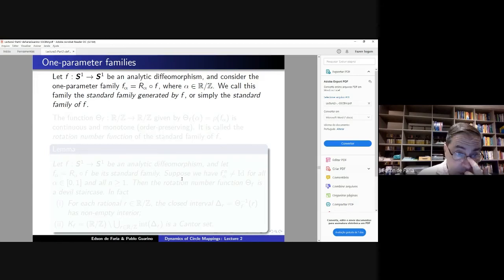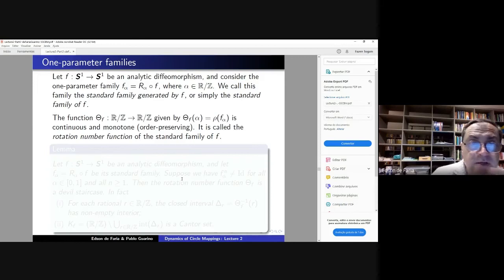And what you can do is you can look at how the rotation number varies along this family. So we know already from what was said in lecture number 1 that the rotation number is actually continuous, right? So it varies continuously on this family. But moreover, it actually varies monotonically, okay?